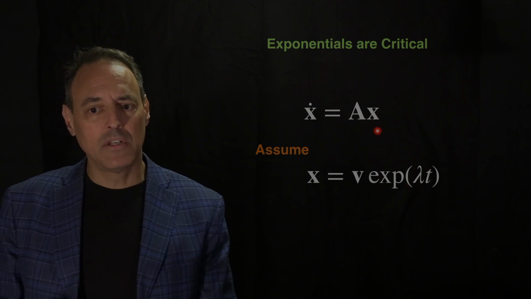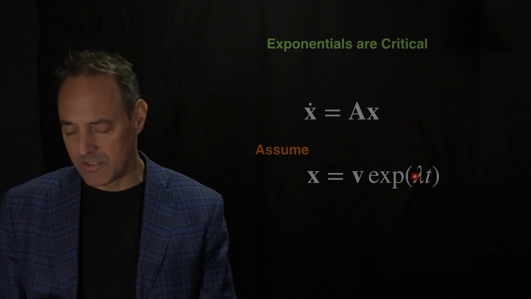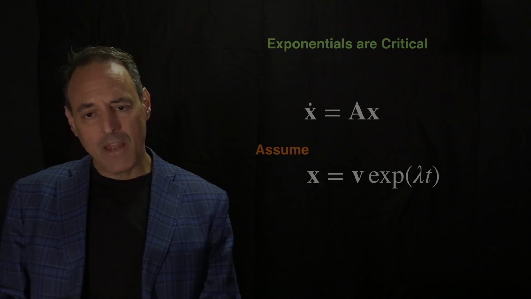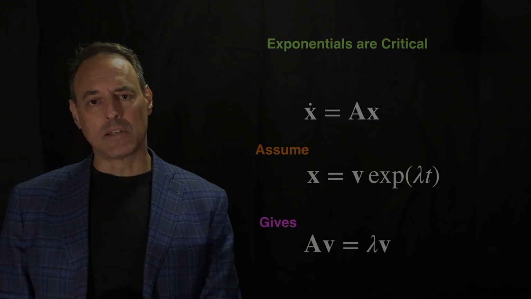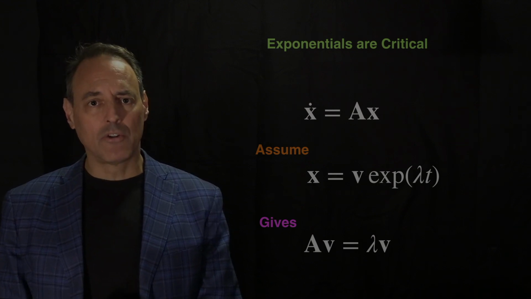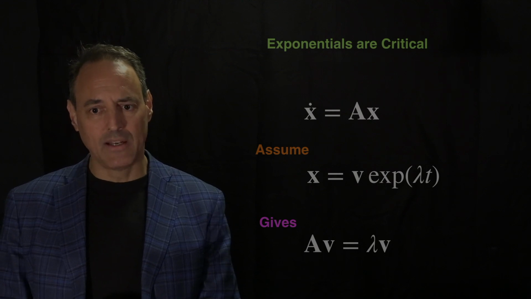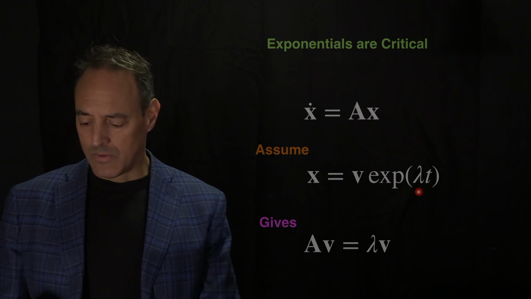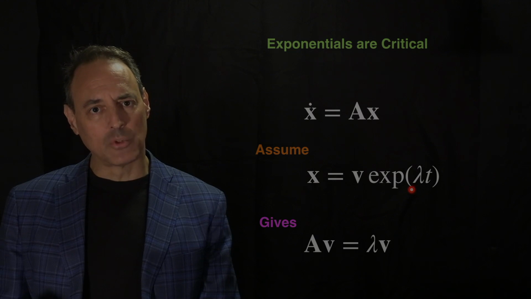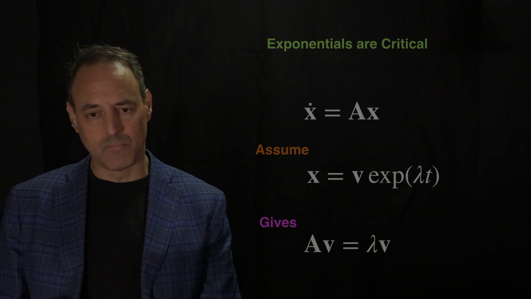Now, if you plug this in, there's only one place you're taking a derivative. So for x dot, you take the time derivative, the lambda comes down, and what you end up with is an eigenvalue problem. When you solve for the eigenvalues and eigenvectors of this matrix A, the eigenvalues characterize the time dynamics, along with eigenvectors which characterize the direction of this behavior.